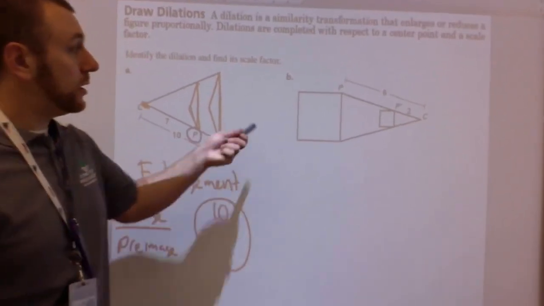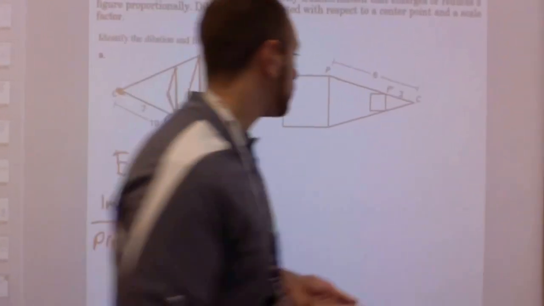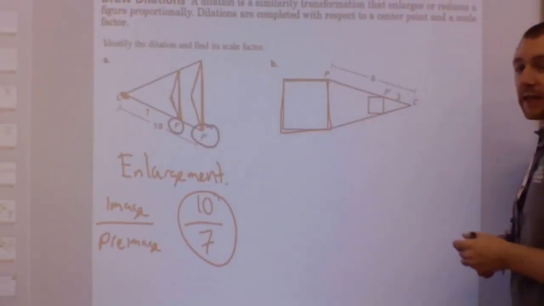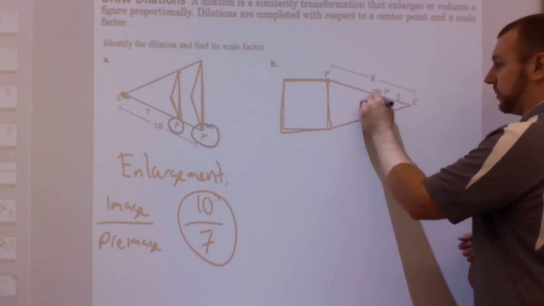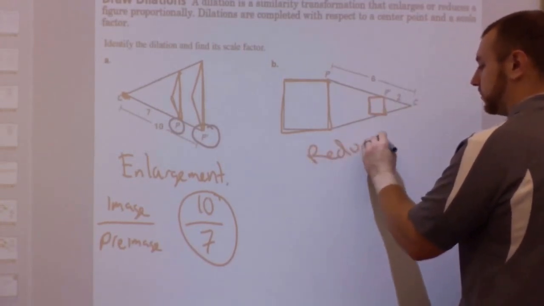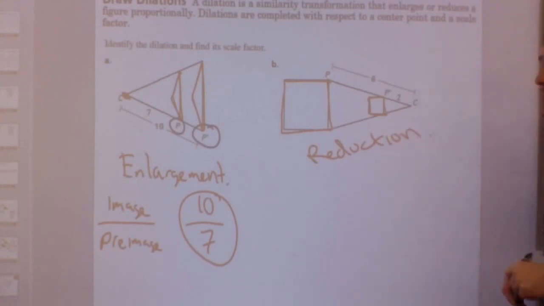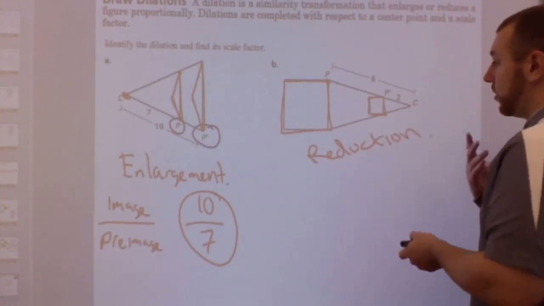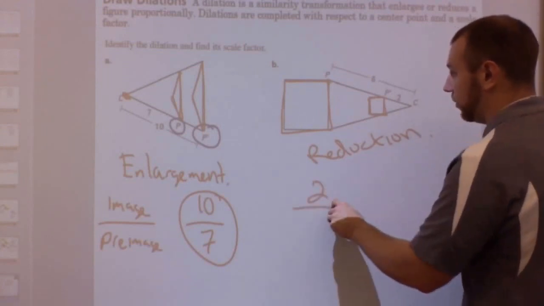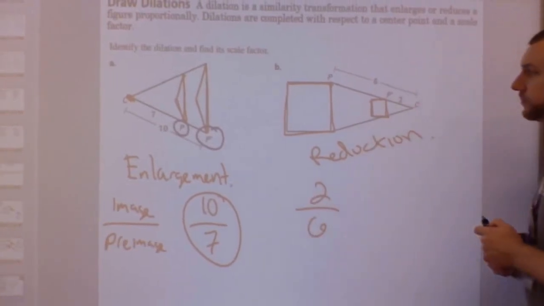In example B, my first image is this big square. My second image is this smaller square. So it's a reduction. Then I would say, what's the image? That's 2 over 6.